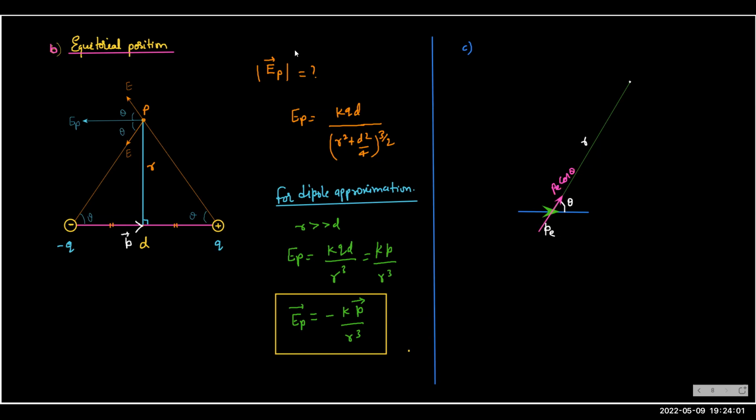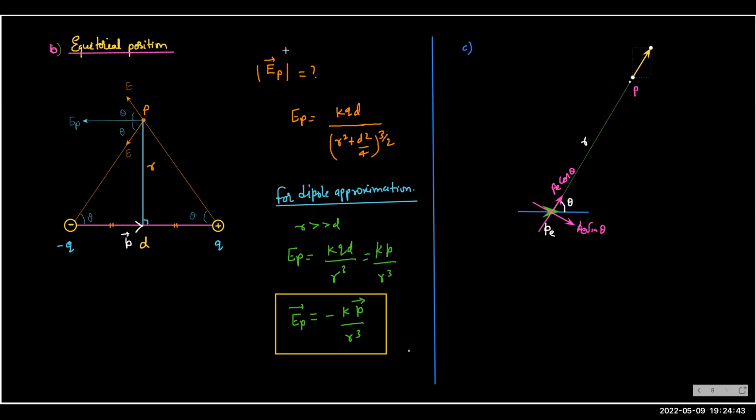Another component will be at a right angle. So we resolve the dipole into two mutually perpendicular components, and we call the other one P sin theta. Then instead of the dipole, we look at the components and the effect they create. For P cos theta, the point P automatically becomes the axial position, right? And the electric field it creates is in the same direction as the R vector.